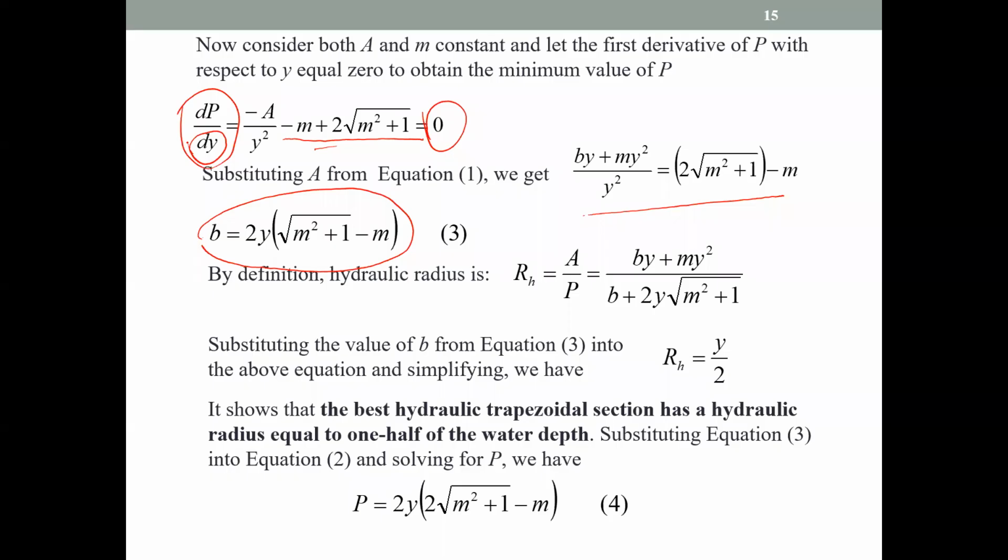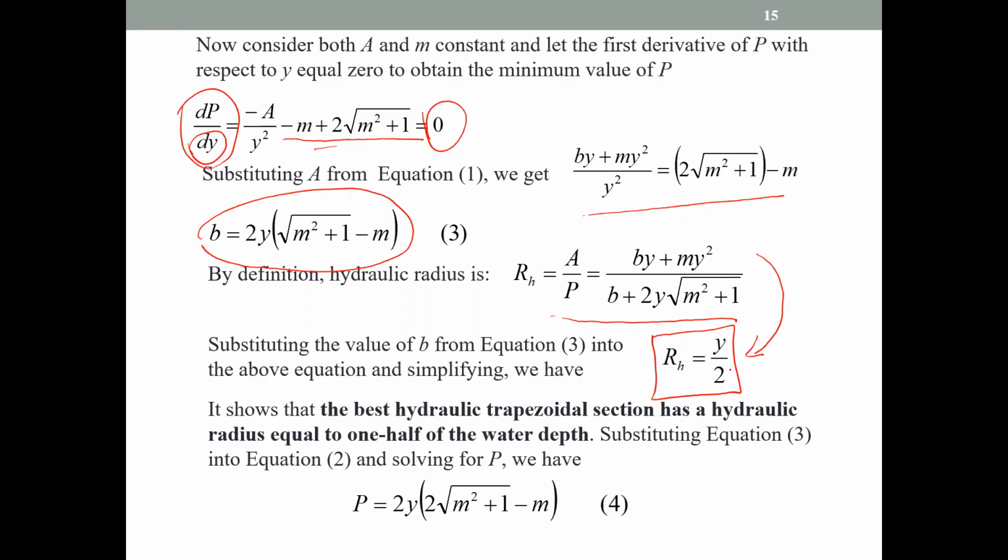Then substitute it into the hydraulic radius, and I am sure you can derive it. This hydraulic radius we can write as y divided by 2, half of the hydraulic depth. That is by minimizing the wetted perimeter.